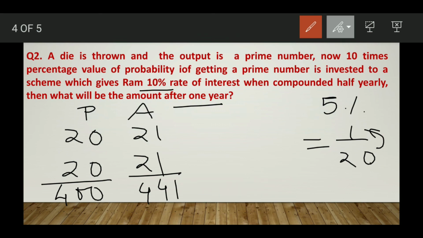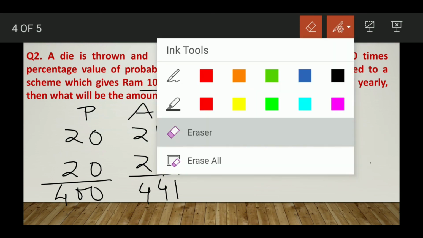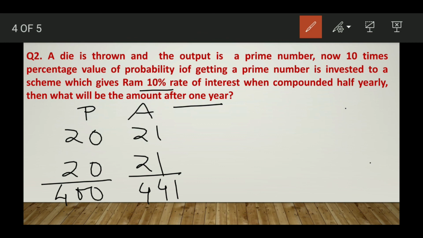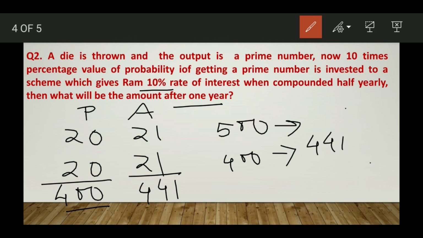But in our question it is given that the principal is not 400, it's actually 500. So how can we get the answer for this? We can use the unitary method in this case. From 400 principal we are getting 441 as amount.